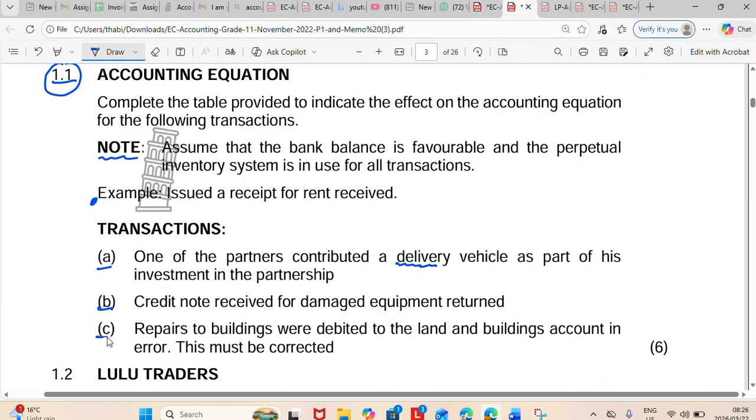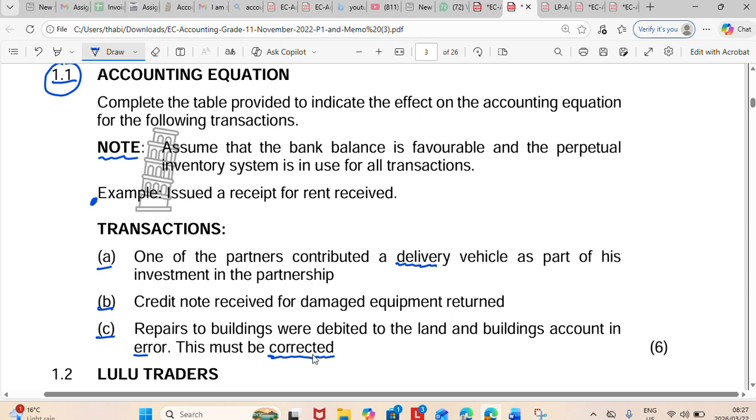And then the last one: repairs to buildings were debited to the land and buildings account in error. This must be corrected. What happened? Repairs to buildings were debited to the land and buildings account in error. So repairs took place.